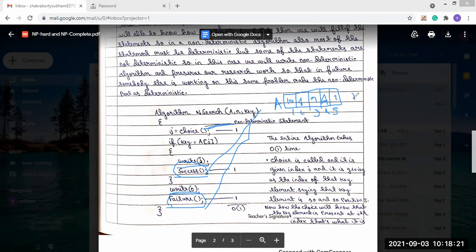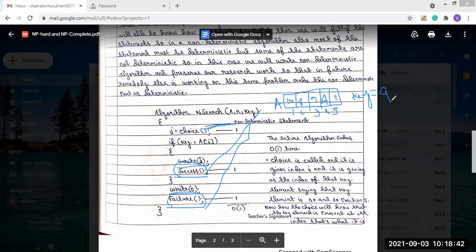And the key element which we want to find is 9.